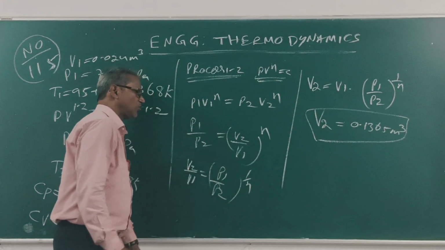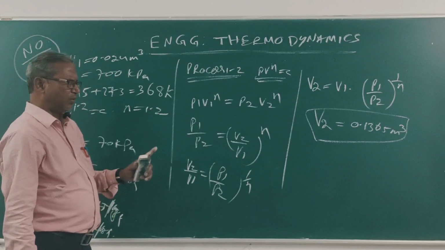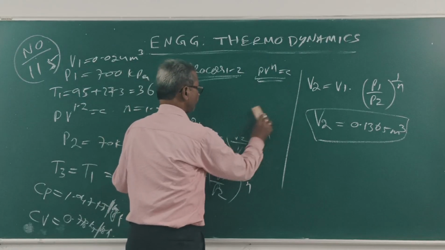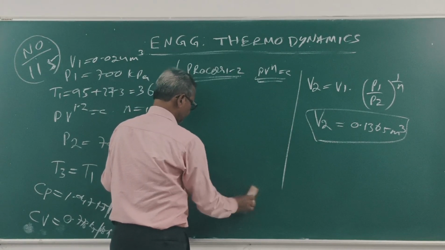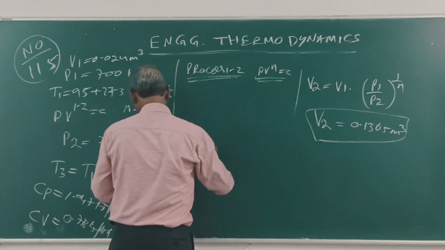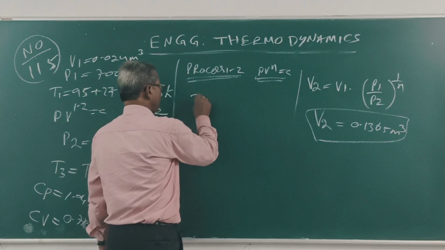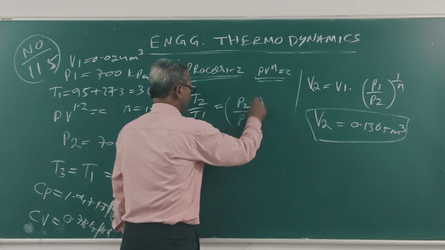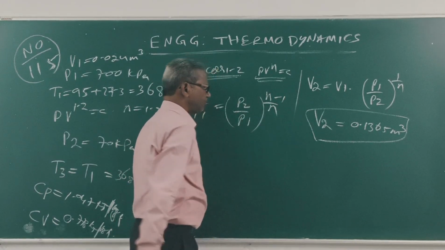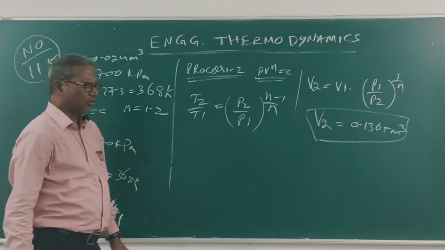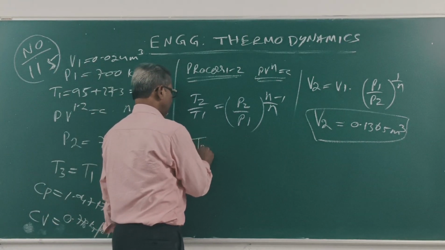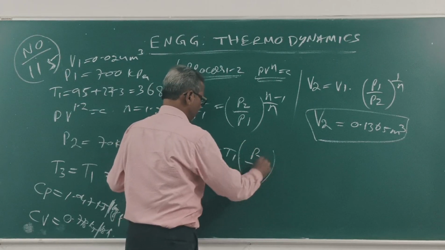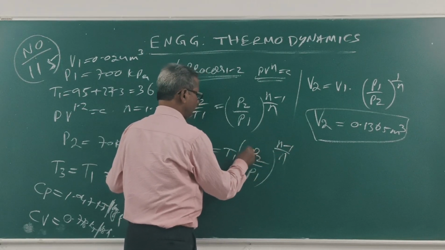And we will find out T2. We have T1 and find T2. Now T2 by T1 is equal to P2 by P1 to the power of n minus 1 by n.